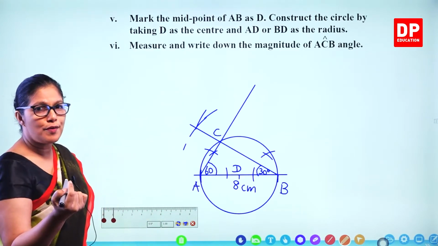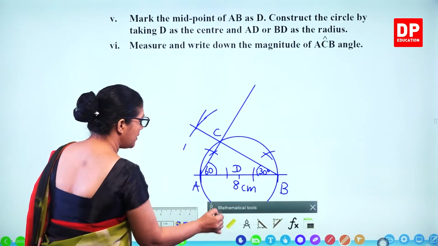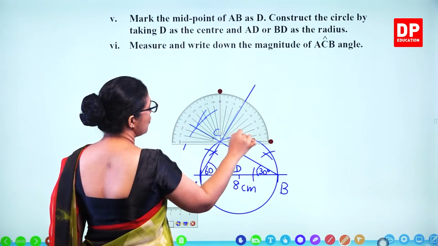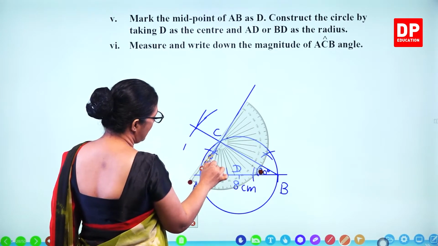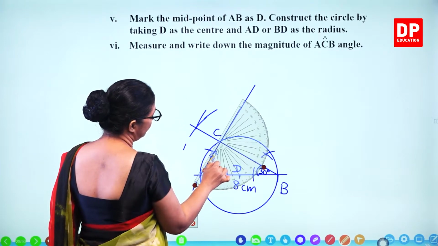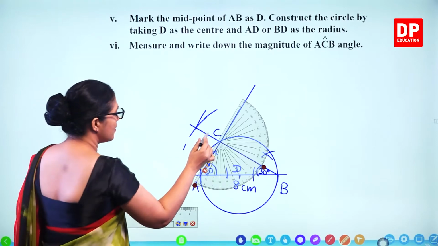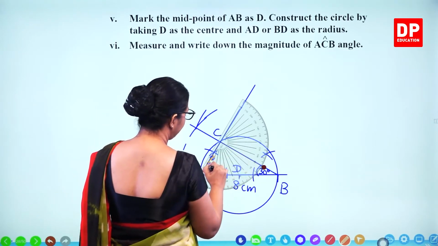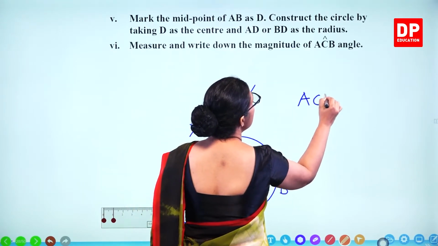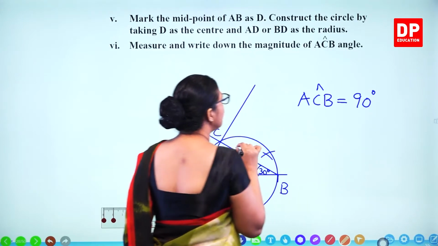Then you have to use the protractor to measure. So we'll take the protractor. We'll measure this angle here. We have to keep it properly. This side here. So what's the angle? 90 degrees. So we can write ACB angle is 90 degrees.